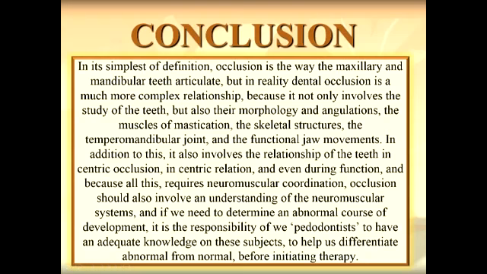Conclusion. We can take this conclusion into consideration. In its simplest definition, occlusion is the way the maxillary and the mandibular teeth articulate, but dental occlusion is a much more complex relationship because it involves not only the study of the teeth, but also their morphology and angulation, the muscles of mastication, the skeletal structure, and the temporomandibular joint.